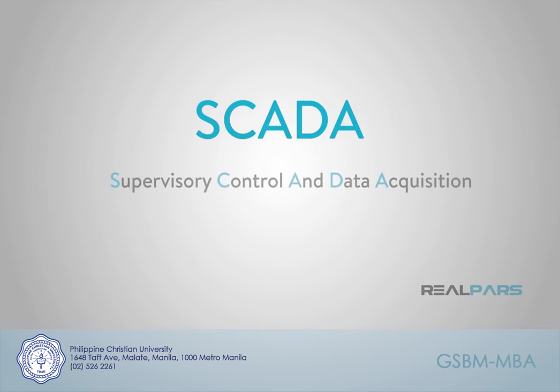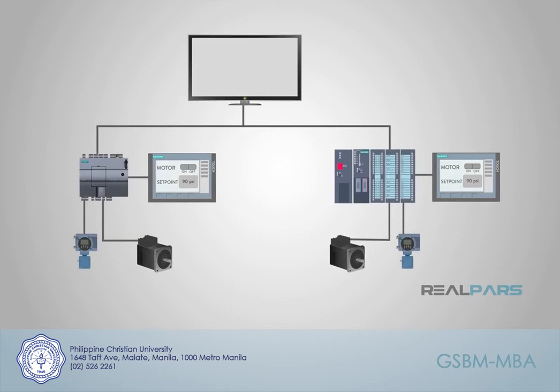SCADA stands for Supervisory Control and Data Acquisition. These are used for monitoring and controlling large areas, typically a full site or plant. SCADA systems are a combination of many systems, including sensors, RTUs, or remote terminal units, and PLCs.